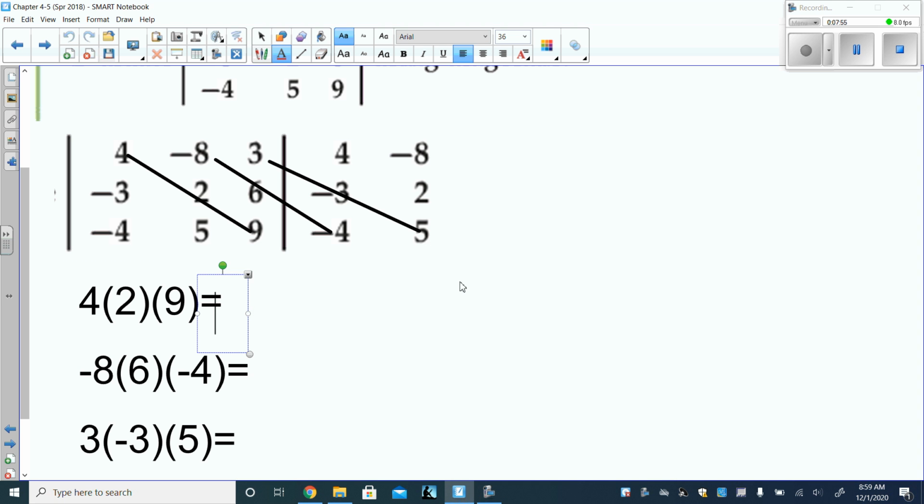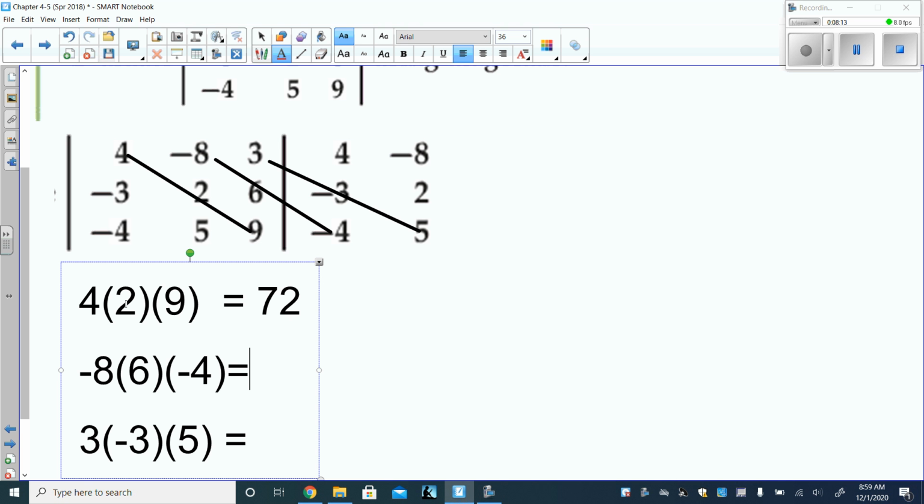Now we can go on and evaluate these before we move on to the next set. Well, 4 times 2 is 8, and 8 times 9 is 72. Now our next one is -8 times 6 times -4.